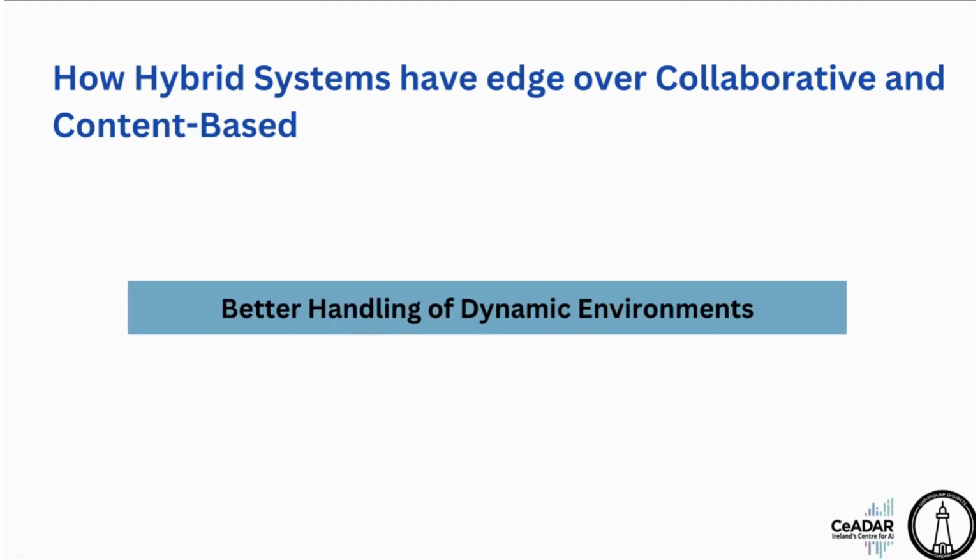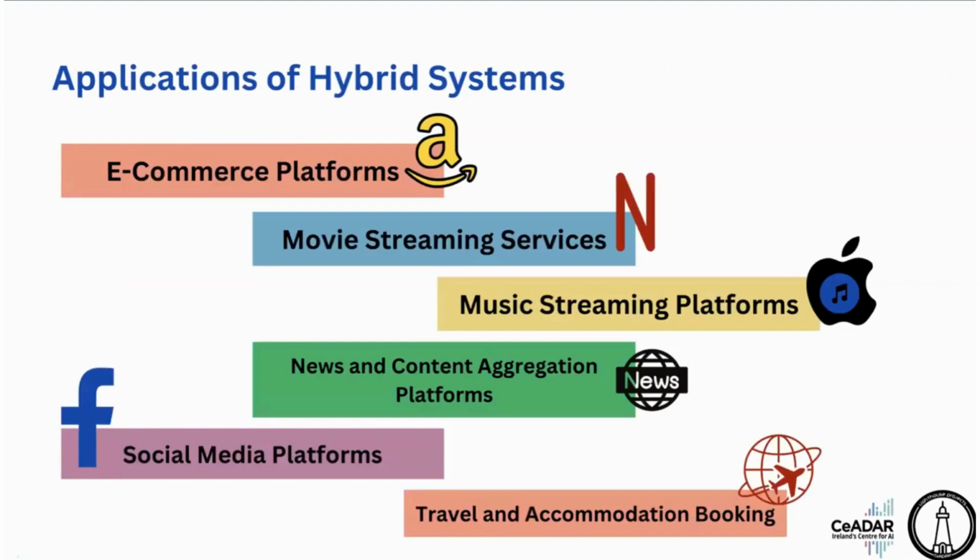It can be used for applications like product recommendation, music recommendation, movie recommendation, etc., and it is customizable based on our business objective. There are a few examples of hybrid systems: e-commerce platforms like Amazon, streaming services like Netflix, and music services like Apple Music.